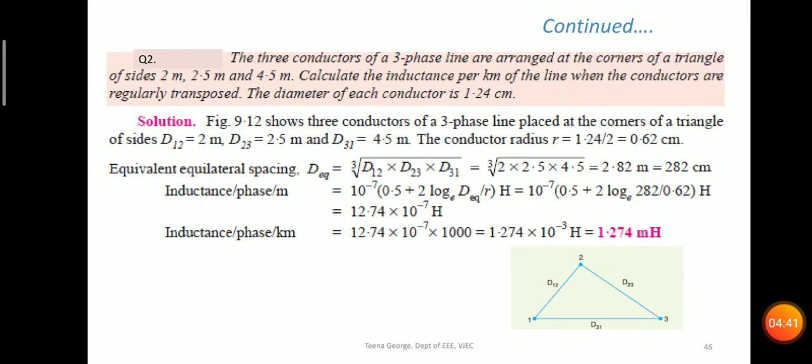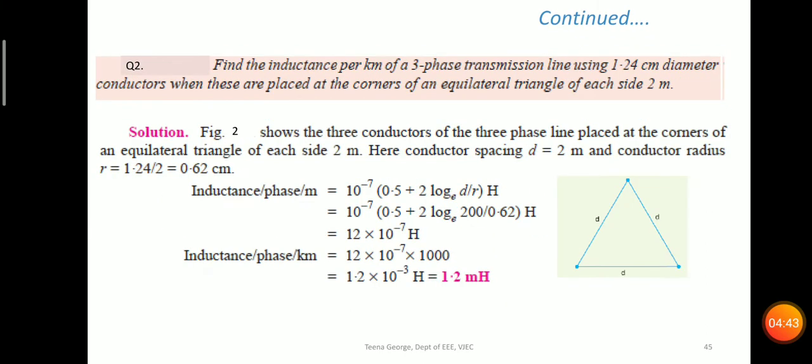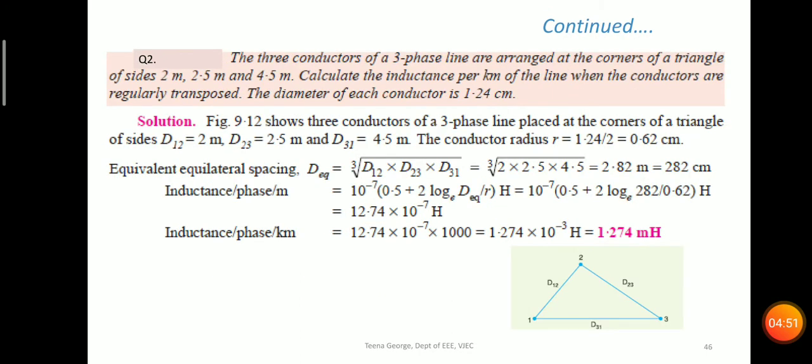That is the answer. In the previous question, all the distances are equal and equal to d, or 2 meter. In the next question, the 3 conductors of a three-phase transmission line are arranged at the corners of a triangle with sides 2 meter, 2.5 meter and 4.5 meter.